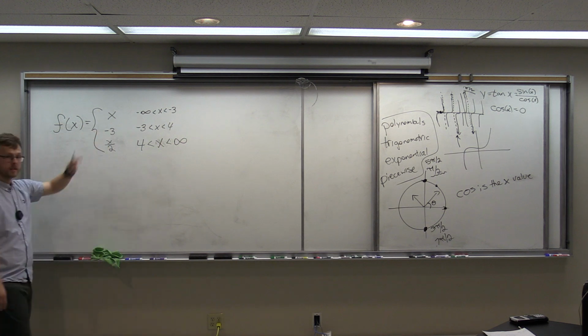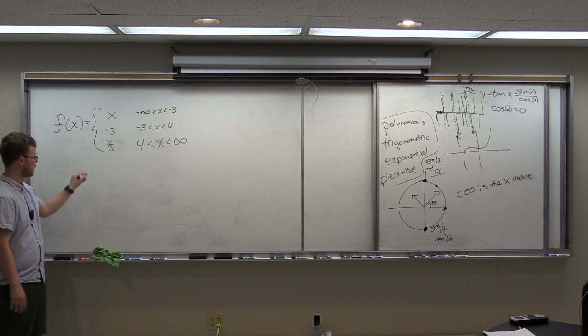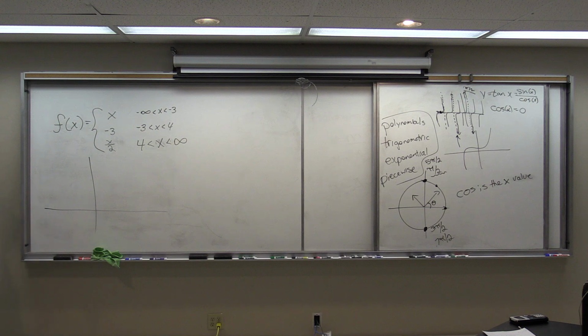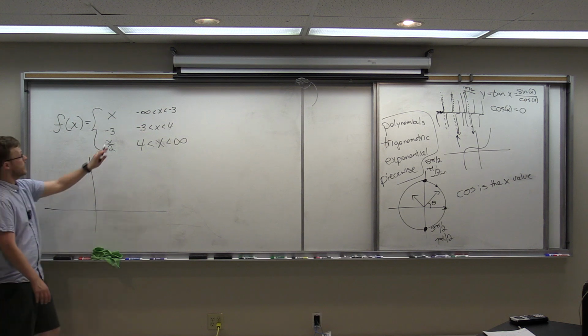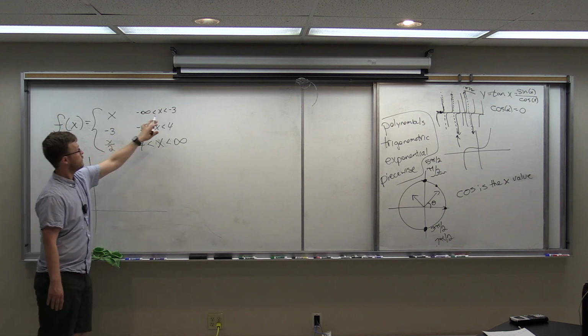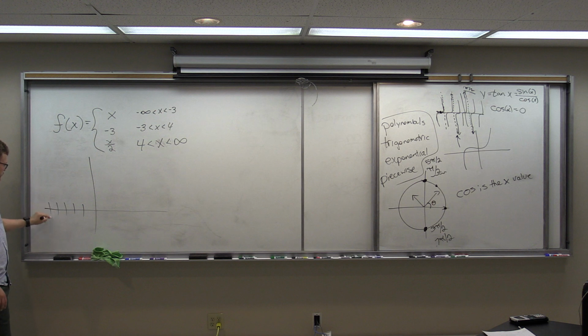Now, it doesn't look like it, but this is one function. We've just taken all these smaller functions and stitched them together to create a single function. And you can graph it. You really don't need any extra expertise to graph this thing. As I go from negative infinity, all the way off the page on the left here, up to negative 3, let's plot some numbers in here.